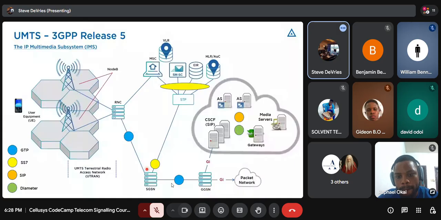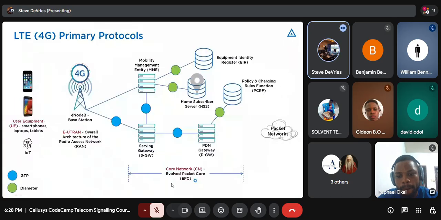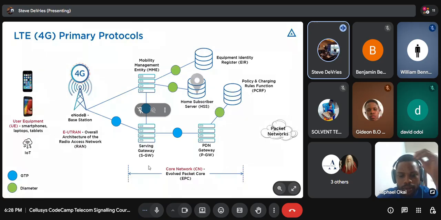So same types of tunnels, but now you're building them between the eNodeB and the S gateway, and the S gateway and the P gateway. So that's your newer protocol. But the newest protocol now is called Diameter.